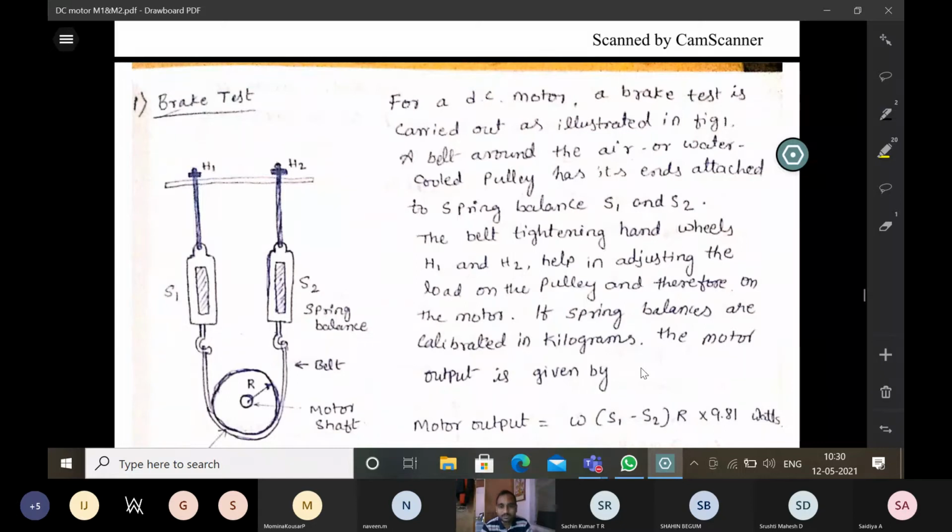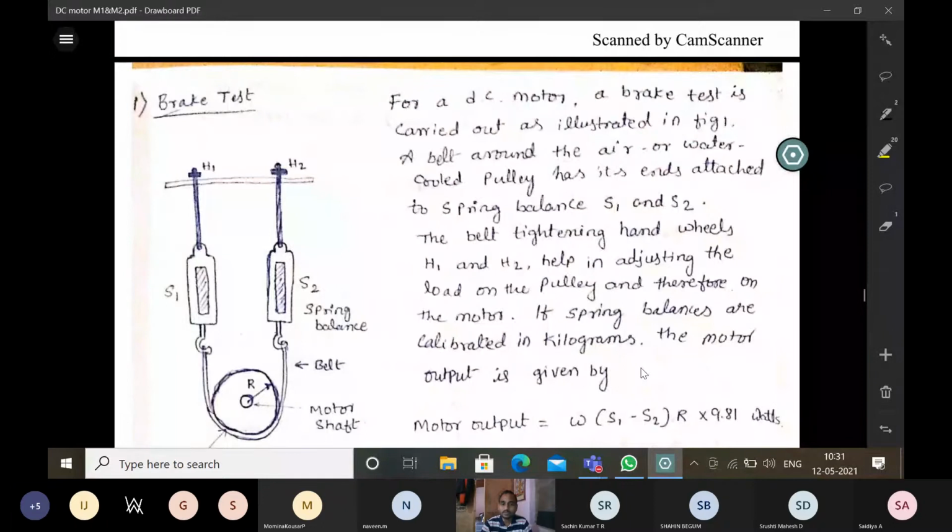Have you seen that video, everyone? Through this we can directly draw the performance characteristics of the DC shunt motor. You can find out the efficiency and torque, and the load versus torque and speed characteristics, everything can be determined through this brake test.